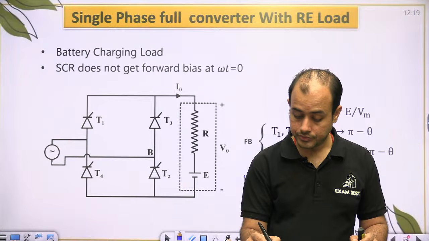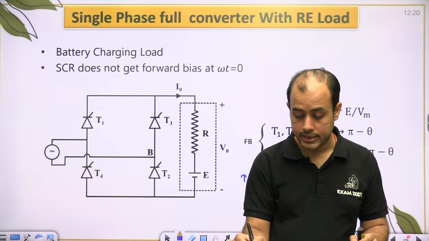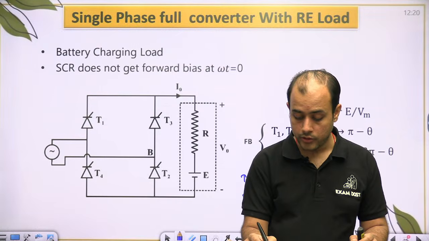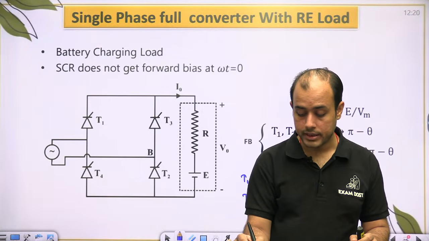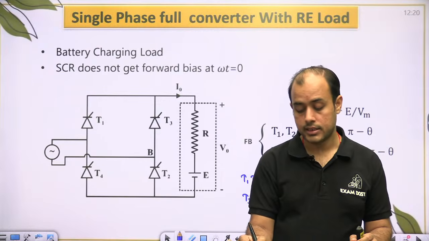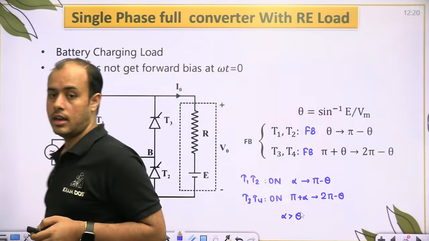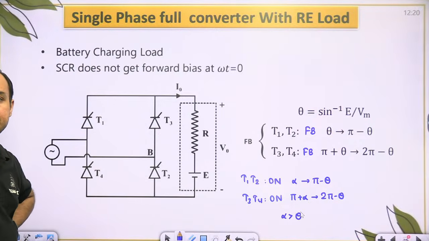ठीक है? T1, T2 on from alpha to pi minus theta. T3, T4 will be on from pi plus alpha to 2 pi minus theta. And we are taking alpha greater than theta. Alpha is greater than theta. Okay. Is that clear?